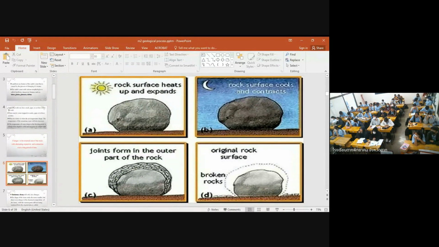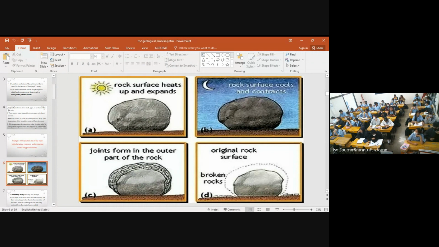So the rock surface heats up and expands during the day. During the night, the rock surface cools and contracts. Have you touched a rock or a stone during the night? What do you feel? Cold, right? So the stone surface cools and contracts.